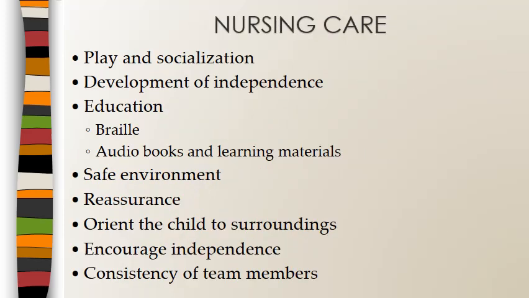So nursing care revolves around encouraging play and socialization, and development of independence. From an educational standpoint, these children may learn to read Braille. They will probably listen to audio books and have more audio learning materials. We want to ensure a safe environment.